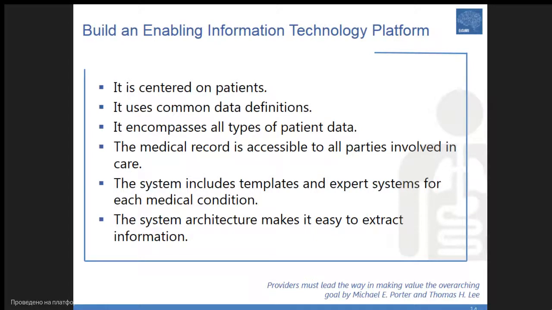It should encompass all types of patient data and should be accessible to all parties, include templates, recommendations, expert systems, and it should allow easy extraction of information for research, for analysis, for epidemiology, for anything.